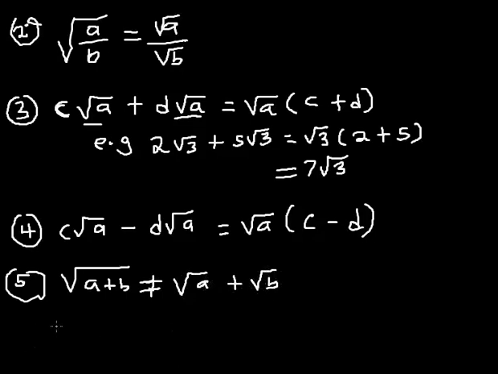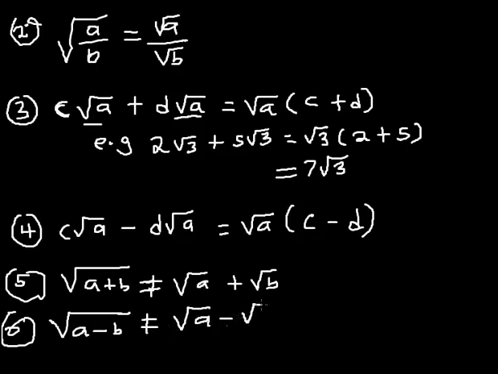The same with the minus sign. You cannot split the minus sign, and you cannot split the plus sign in a surd. So the square root of a minus b is not equal to the square root of a minus the square root of b.